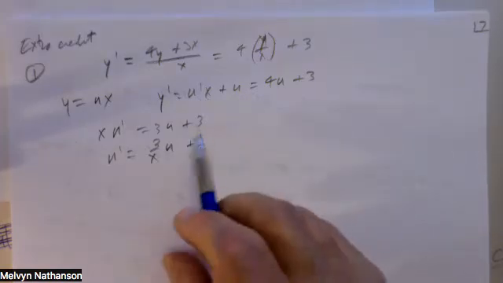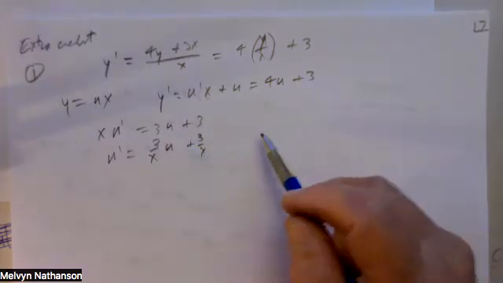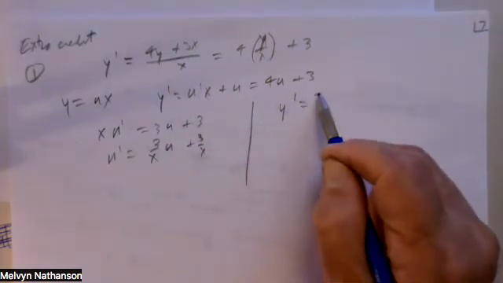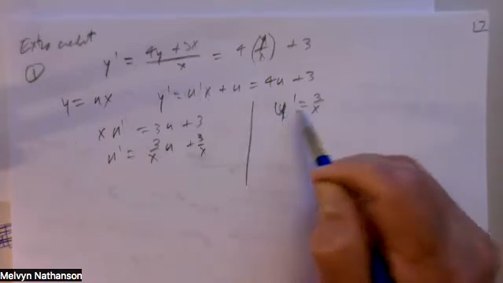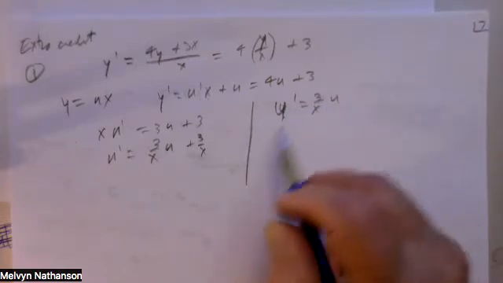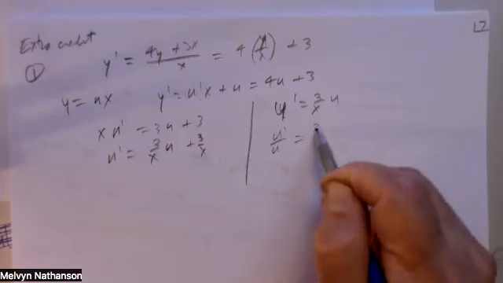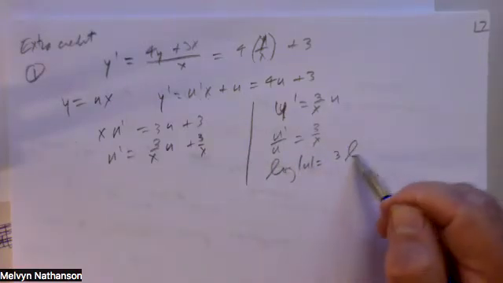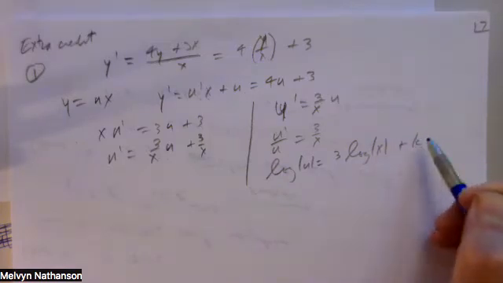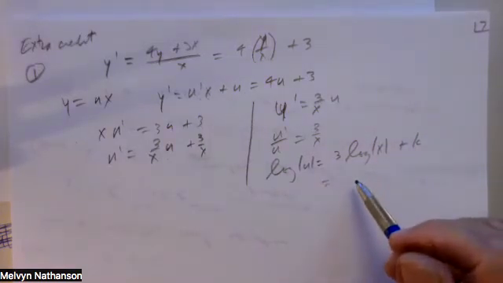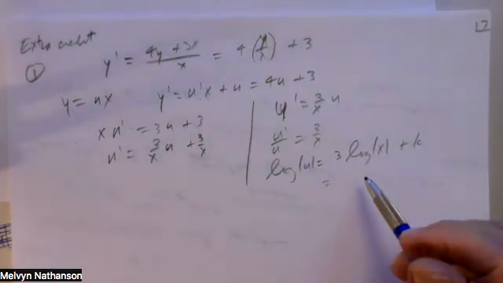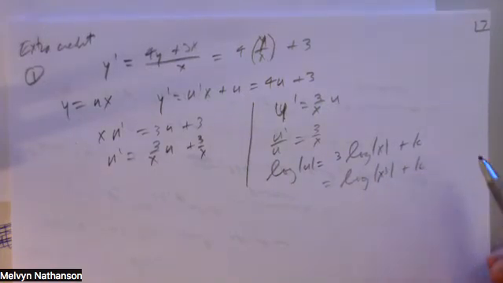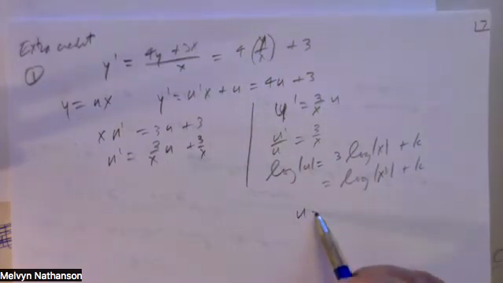So let's proceed to do that. If you look at the complementary equation, u prime equals 3 over x times u, then u prime over u is 3 over x. So the log of u is 3 times the log of x plus a constant, or log of x cubed plus a constant. So u is some constant.